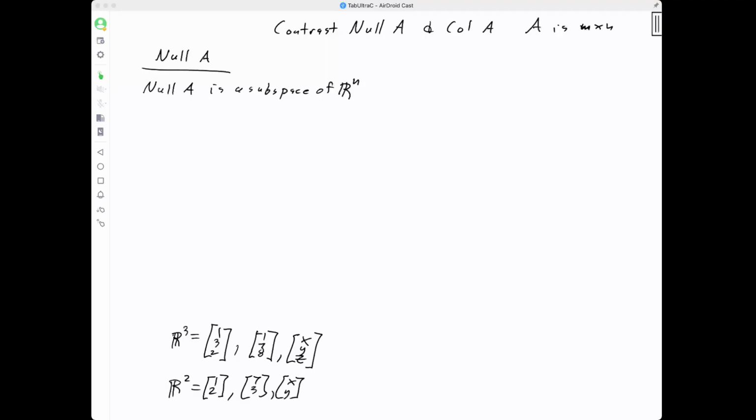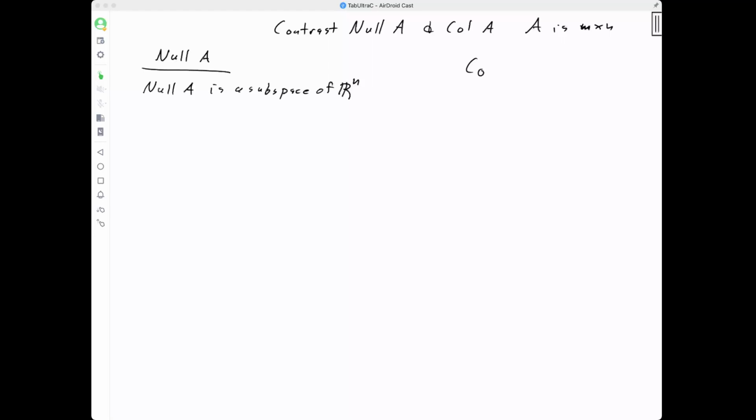And so we can build all of these types of vector spaces by how many elements are in each vector in the space. This is what we mean by R3. And so the null space is a subspace of Rn. The column space is a subspace of Rm.